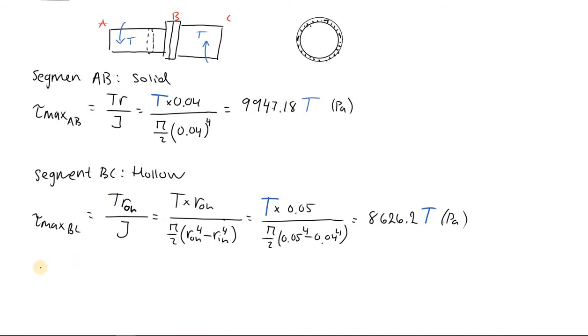All right, so how do we then determine the critical segment? Well, our maximum shear stress in AB is larger than the maximum shear stress in BC, which means that the critical part would be in our AB section.